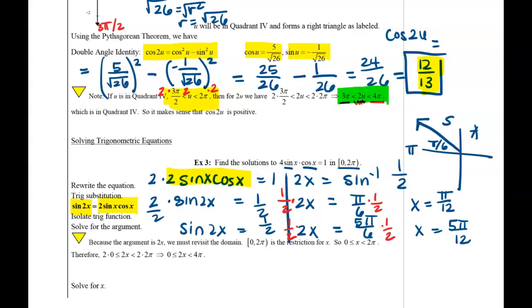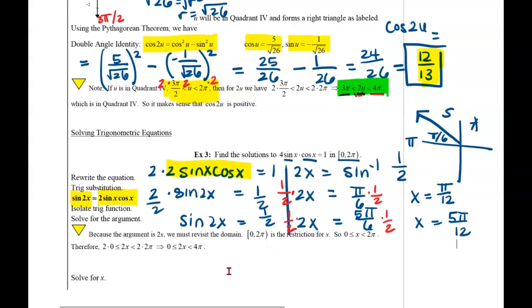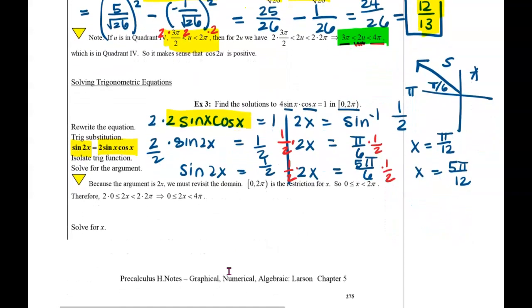Now let's talk about the domain though, because pi over 6 and 5 pi over 6 are both just in the first quadrant. But I am looking from 0 to 2 pi.